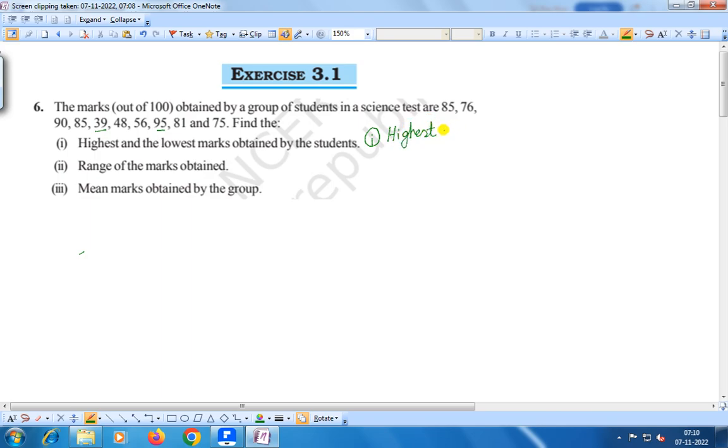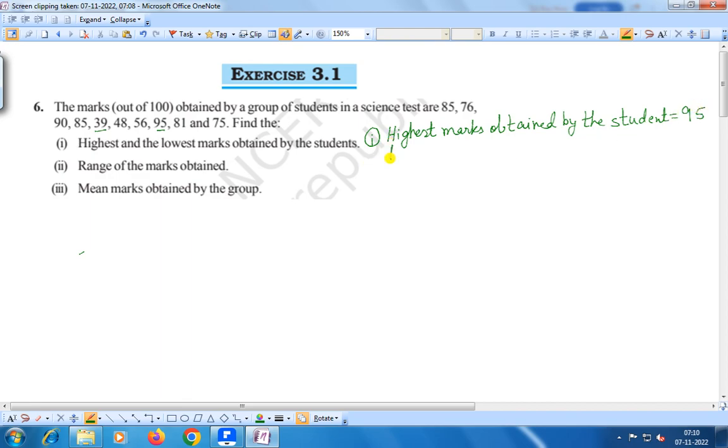highest marks obtained by the student is equal to 95, right?